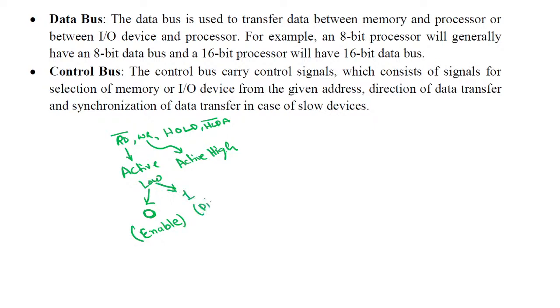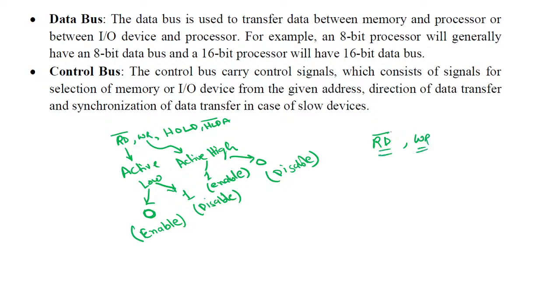In the case of active high signals, 1 means enable and 0 means disable, right? So that is the difference between active low and active high signals. Whenever you have a bar above any signal, that is called an active low signal, and a normal one is simply an active high signal.